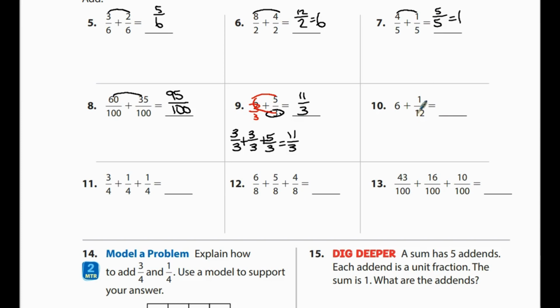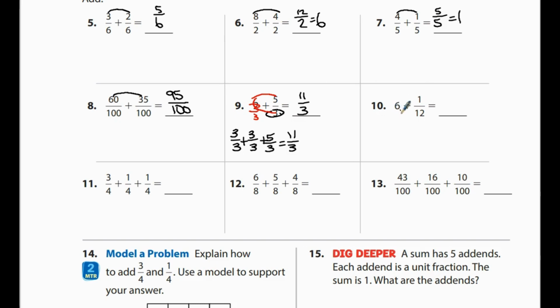So if I look over here, okay, I could do 12/12 plus 12/12 plus 12/12, 6 times, plus 1/12. Okay, but if I do that, I'm going to get 72 plus 1, 73.